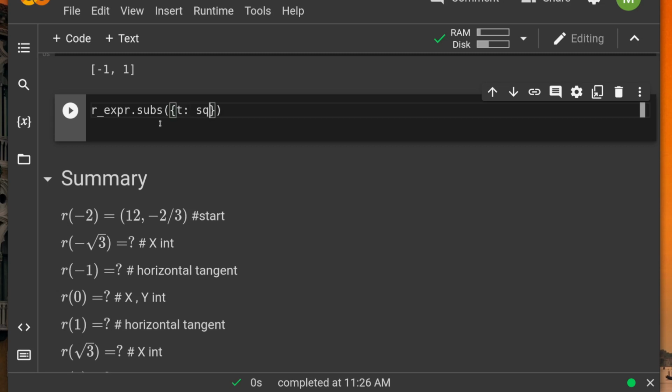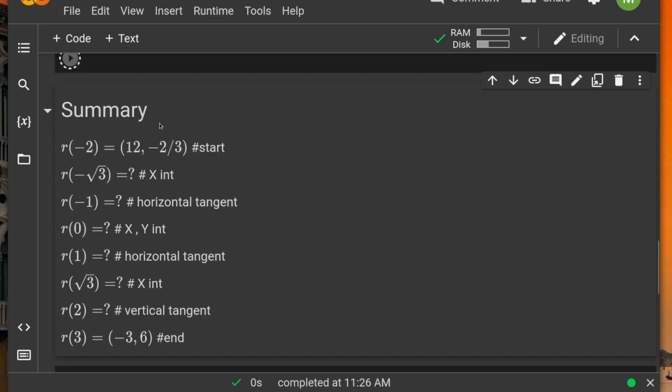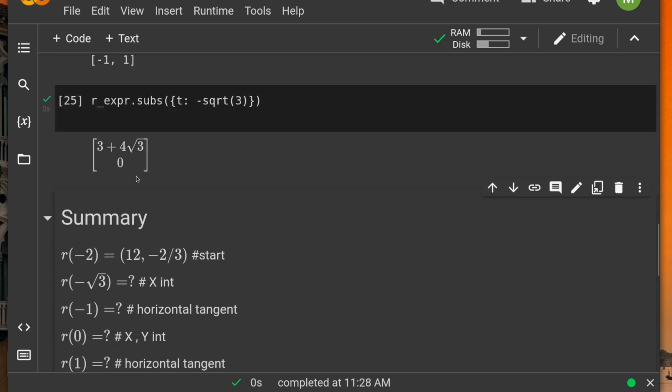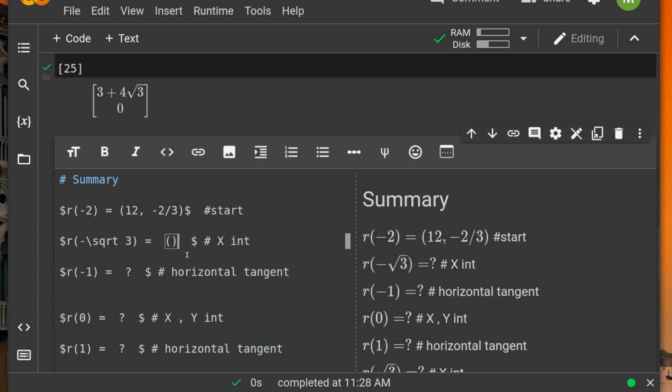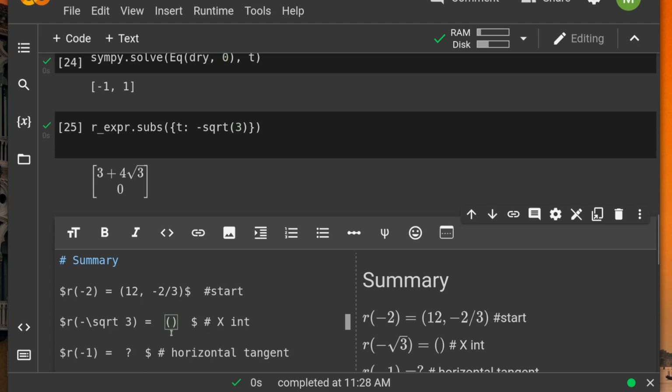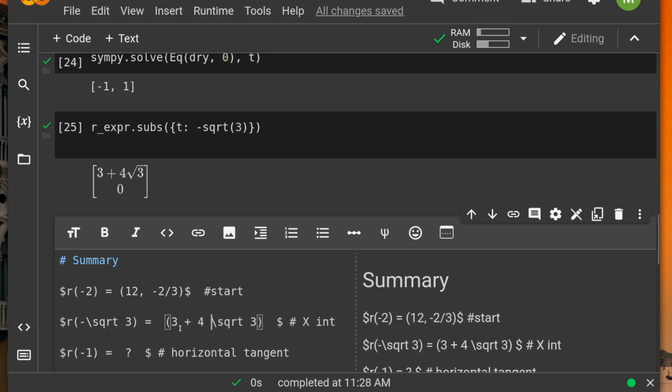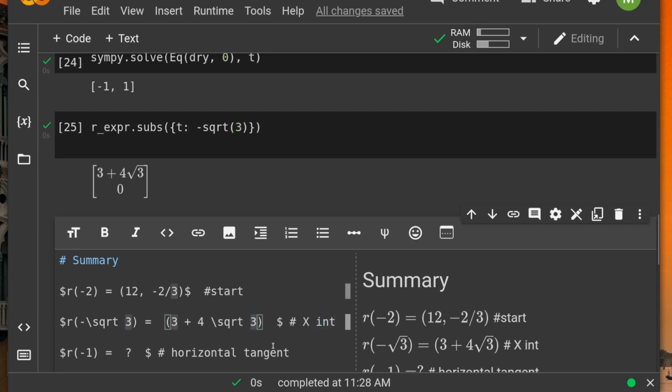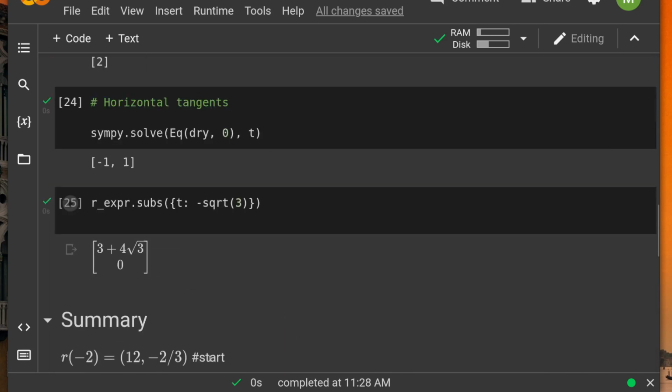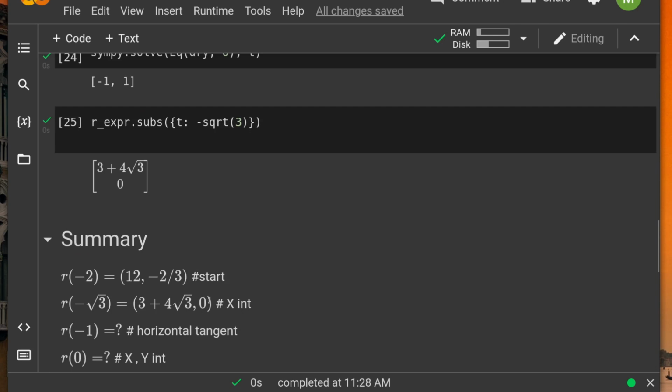We substitute minus the square root of 3. Okay, and so that gives us the coordinates of this point. That is 3 plus the square root of 3, 4 times the square root of 3. And the y-coordinate is equal to 0. And we make sure that is what we expect, because this is an x-intercept, so the y-coordinate is equal to 0.